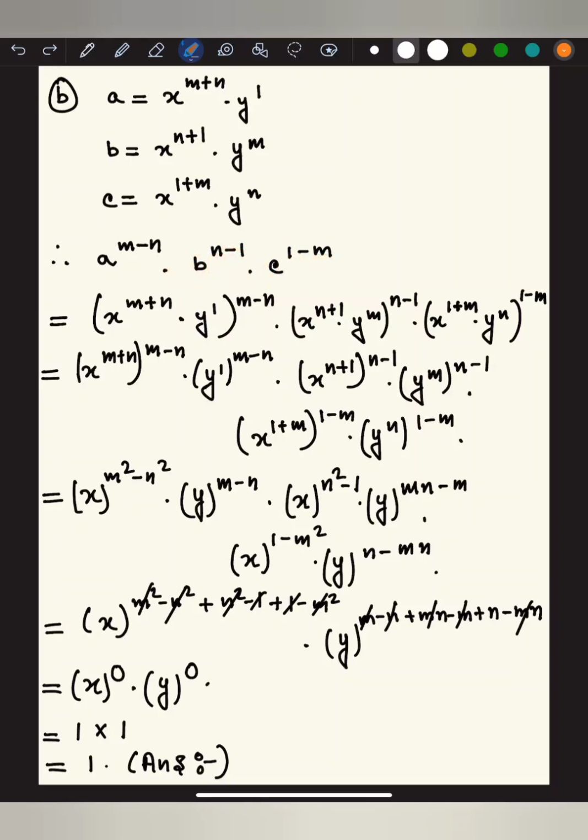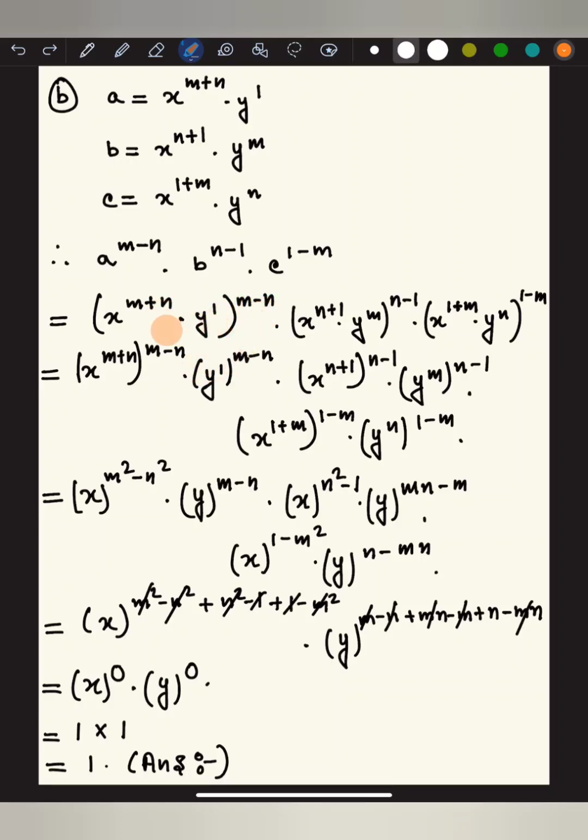Okay, so let's substitute the values of a, b and c first. Then we get a to the power m minus n, meaning (x to the power m plus 1 into y to the power 1) whole to the power m minus n. Similarly, I have substituted the values of a, b and c, right?